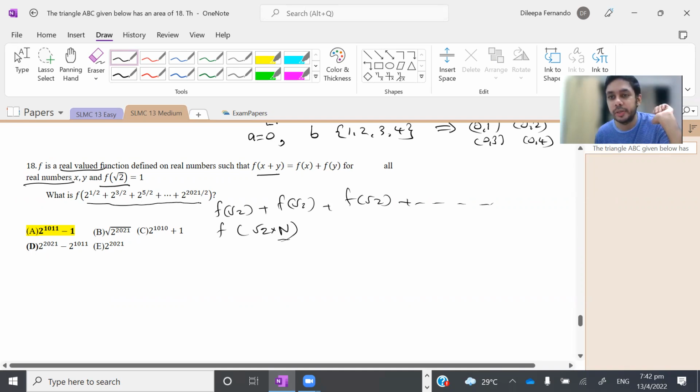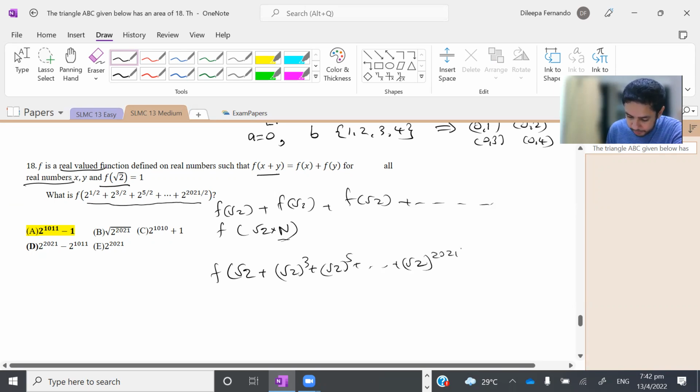Now let's see how we can do it, because you can see, 2 to the power half is root 2, 2 to the power 3 over 2 is root 2 to the power 3, plus root 2 to the power 5, plus root 2 to the power 21. You can see that this is a geometric progression of common ratio root 2 to the power 2.